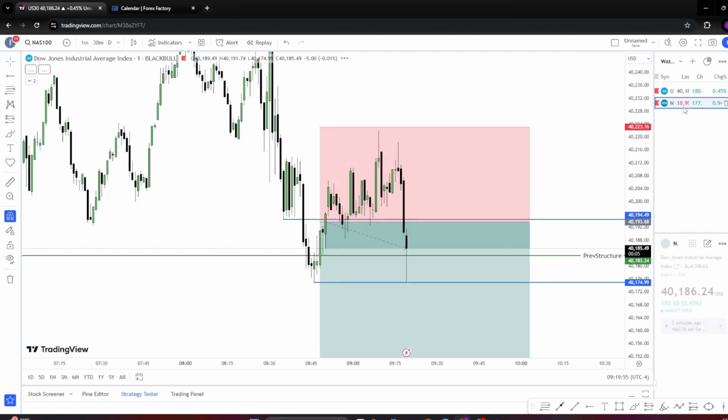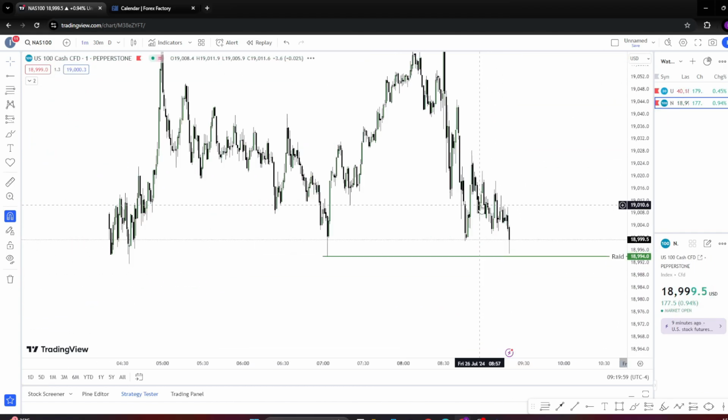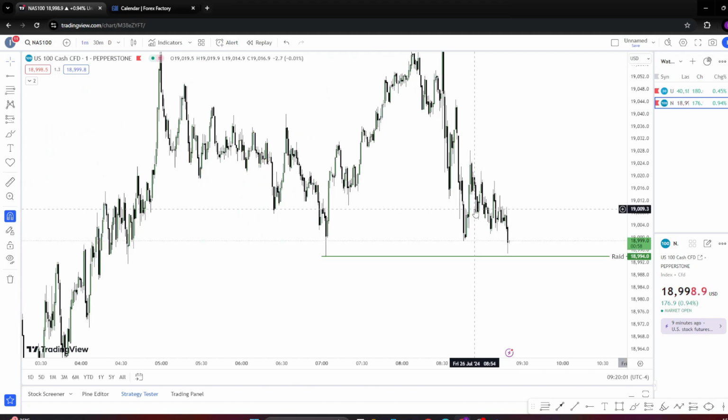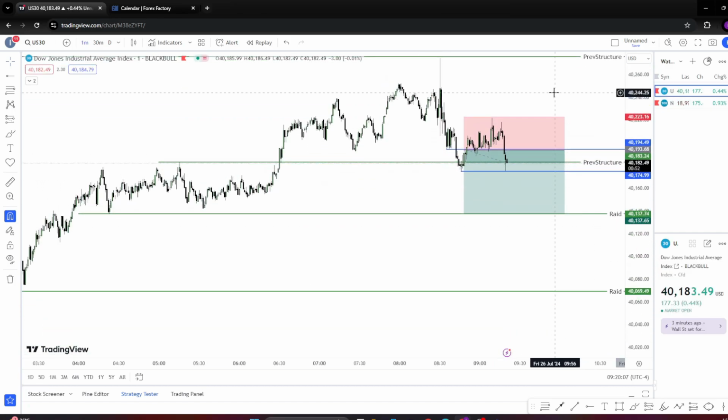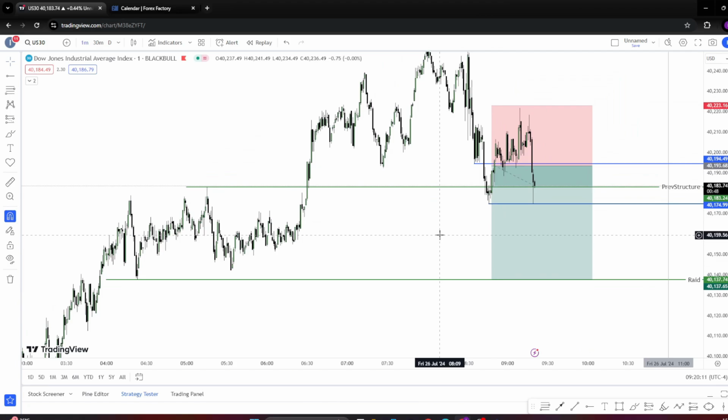Let's check on the NASDAQ, which is also trying to make its way lower. But that's not something that we're going to be paying too much attention to, because I'm already in this US 30 position that is now moving the way it's supposed to move, at least in my opinion.